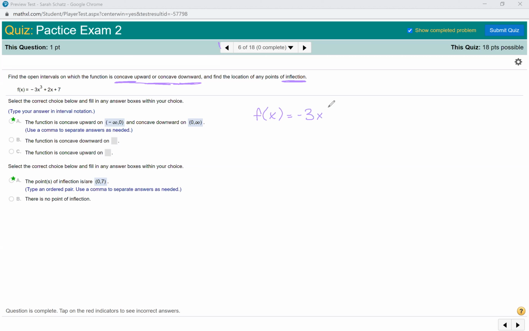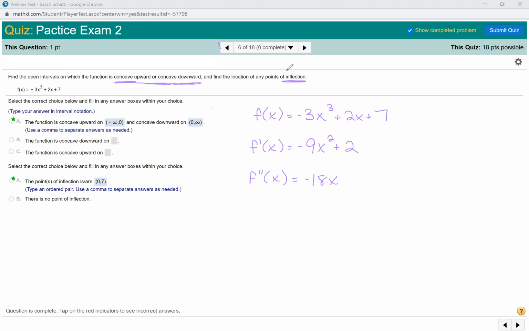I'm going to write it over here where there's more space. And then I want to take the first derivative, bring the 3 down, we get negative 9x squared plus 2. Let's find the second derivative. And we get negative 18x. All right, so this is the second derivative.